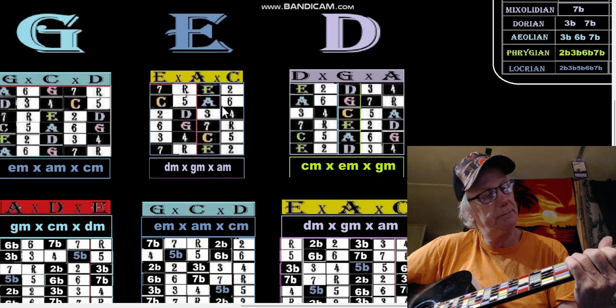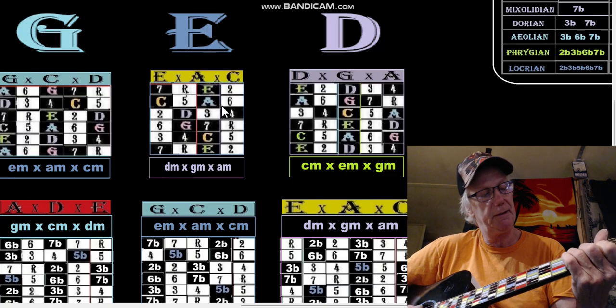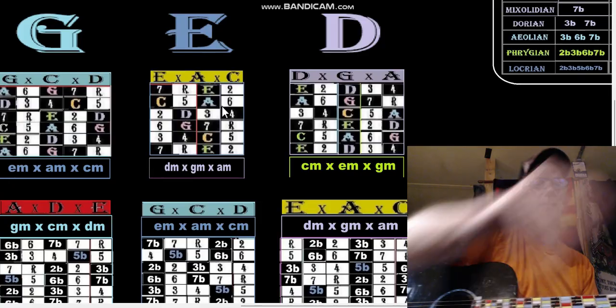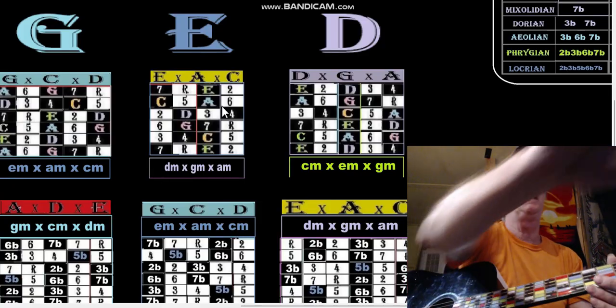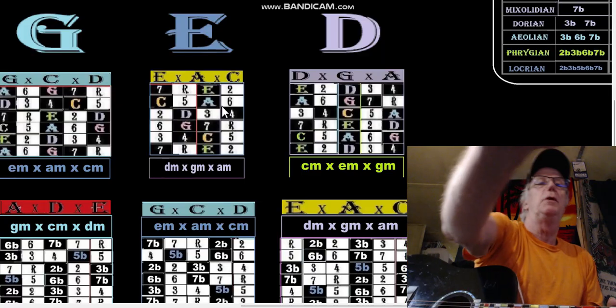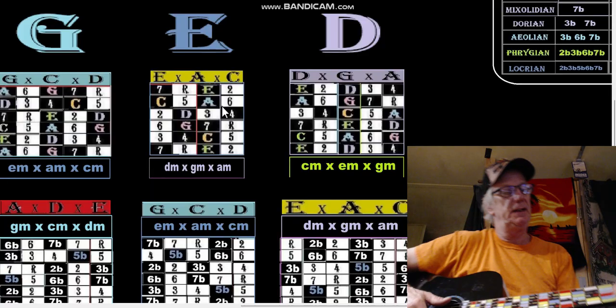It isn't. It is, it's a B flat. Hold it. It's A flat. Okay, so the 1, 4, 5 is D flat, G flat, A flat.